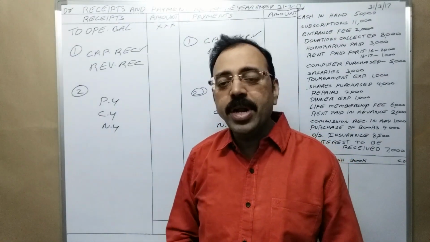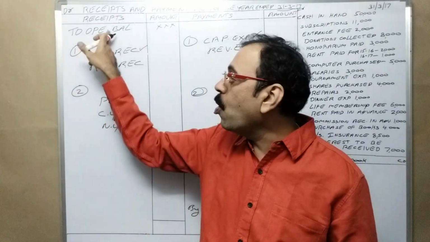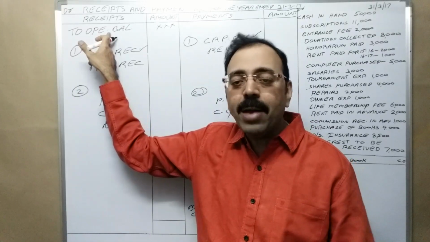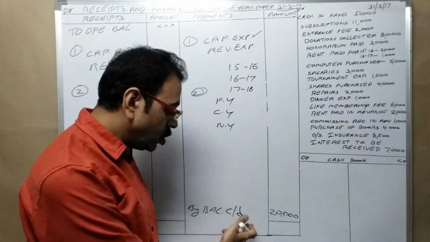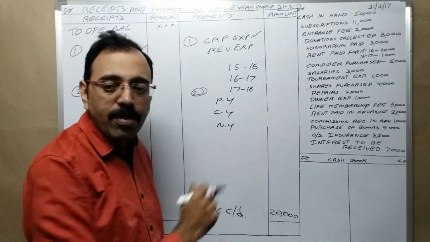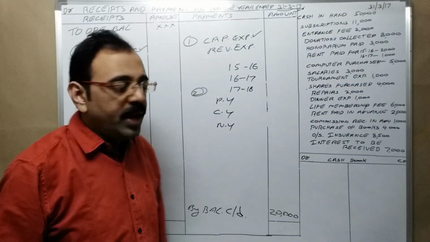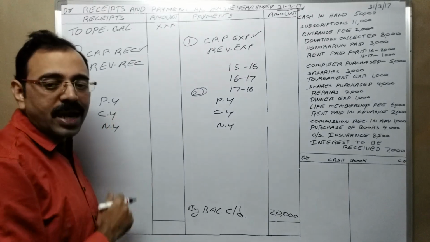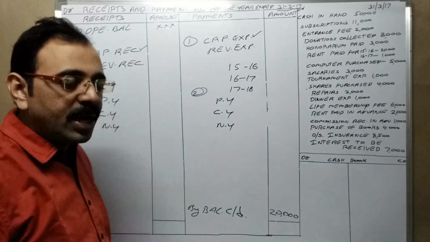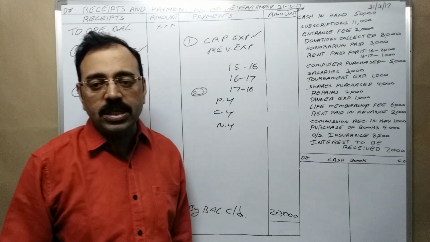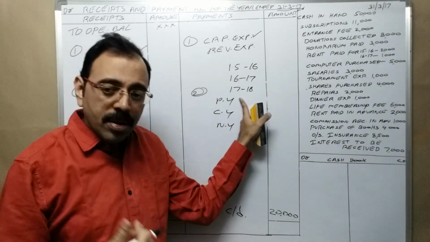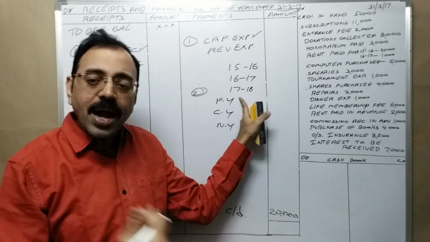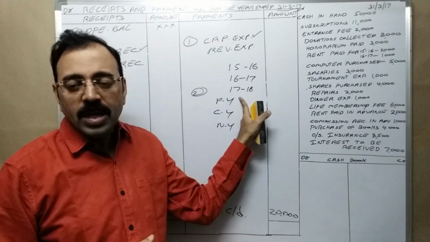Then the receipts and payments account starts with opening cash balance and bank balance, and it ends with closing cash and bank balances. In the receipt side, the debit side, we should record capital receipts and revenue receipts. On the payment side, we should record capital expenses and revenue expenses.